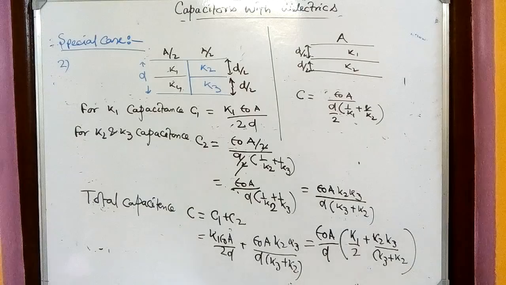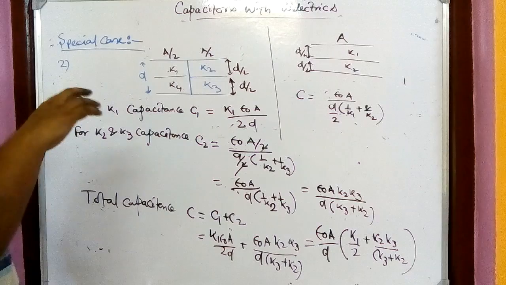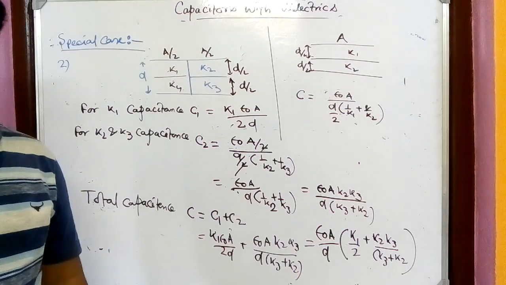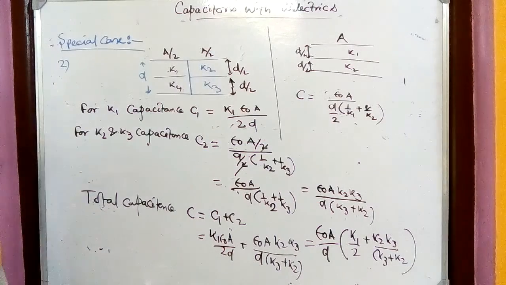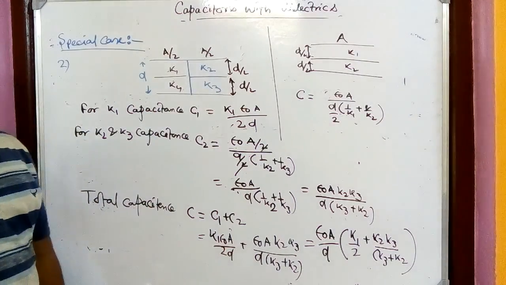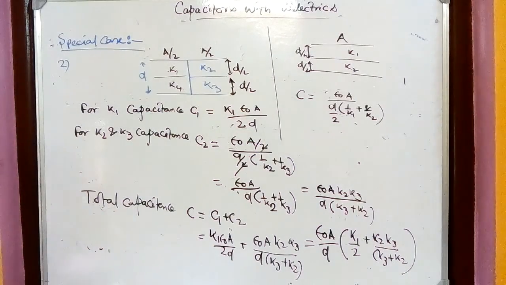Whatever slab is introduced, you can do it this way. Okay, now we have to start another thing: instead of a dielectric slab, if we introduce a metal slab, then what things will happen, we will see now.